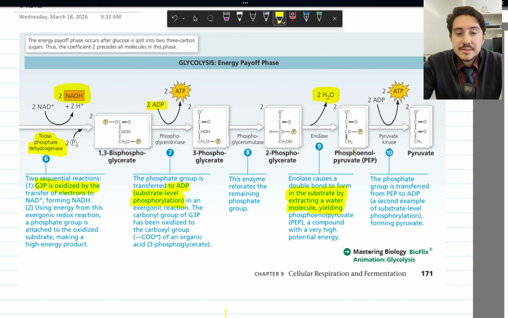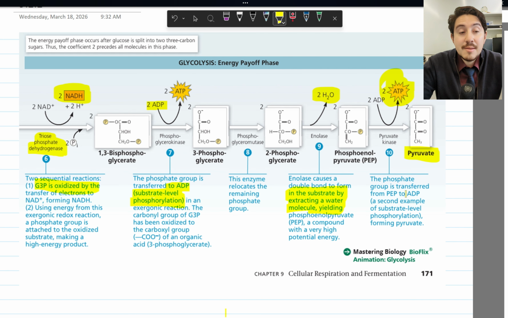That being formed, you have another intermediate molecule, phosphoenolpyruvate, and this still has some energy that can be harvested, which is ultimately given to ADP to produce ATP, and then you get pyruvate. This is your last molecule.